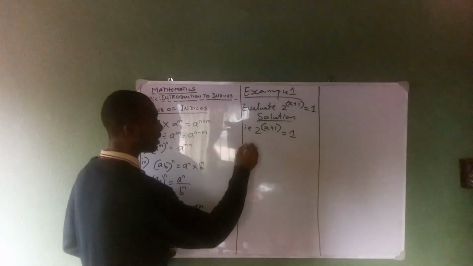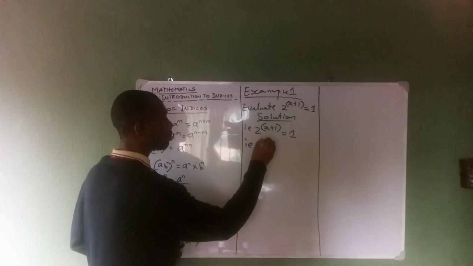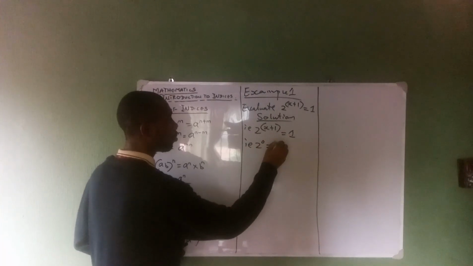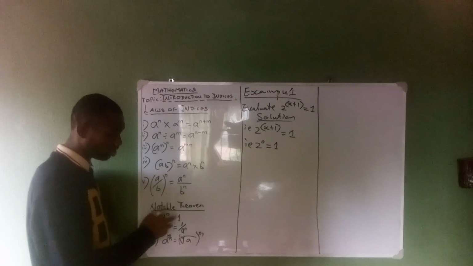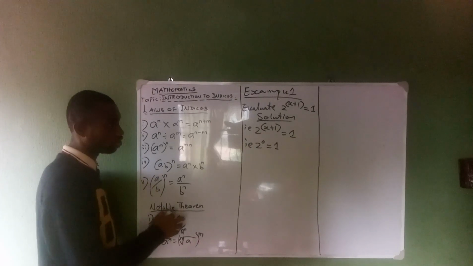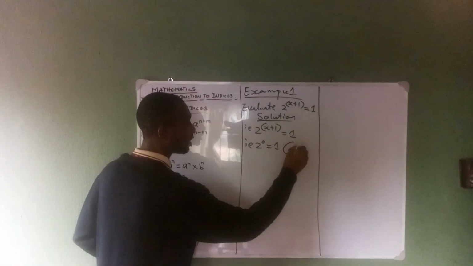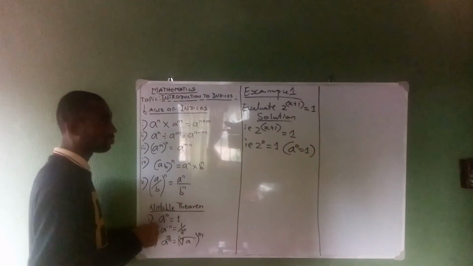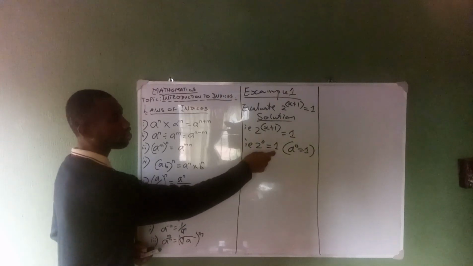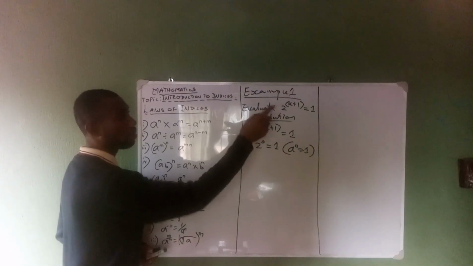That is to say, 2 raised to the power of 0 is equal to 1, which is the notable theorem that a raised to the power of 0 is equal to 1. If you put it here, you are obeying this principle. That is to say that anywhere we see 1, we put 2 raised to the power of 0.